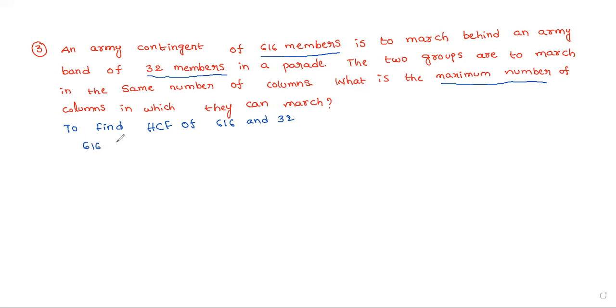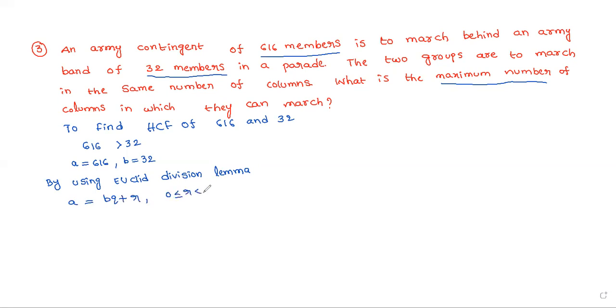616 is greater than 32. Here a value is 616, b value is 32. Apply Euclid division lemma: a is equal to bq plus r, 0 less than or equal to r less than b.